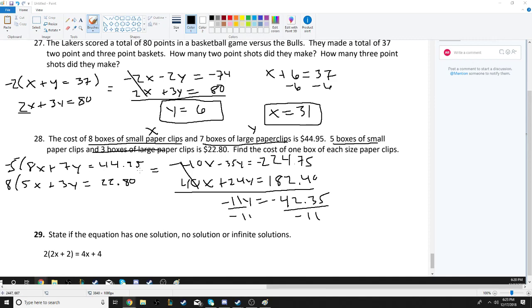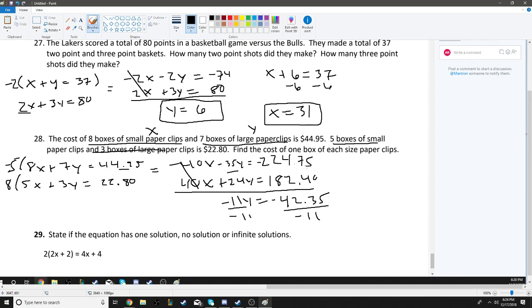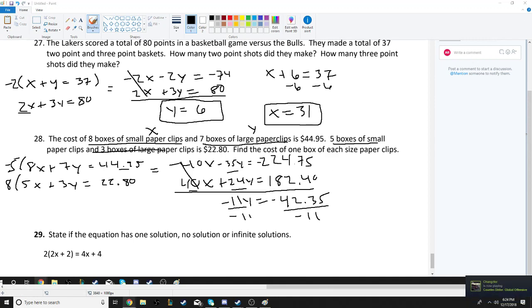What went wrong? 24, negative 35. 40x, negative 35y, negative 224.75. 40x, 24y, and 22.8 times 8.